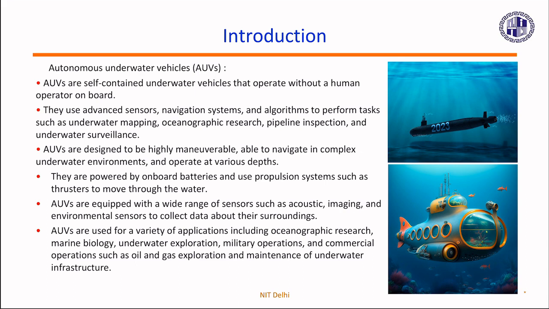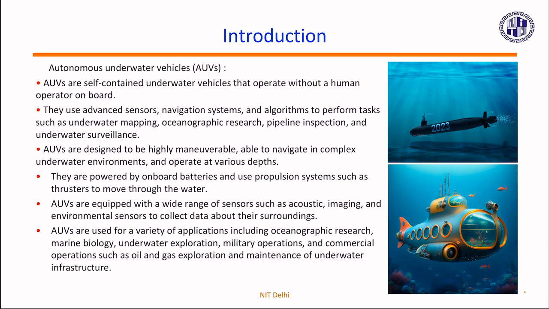They use a range of sensors and algorithms to navigate and perform specific tasks such as mapping the seafloor or collecting environmental data. AUVs can be used for a wide range of applications, including oceanographic research, underwater exploration, search and rescue operations, as well as oil and gas exploration.